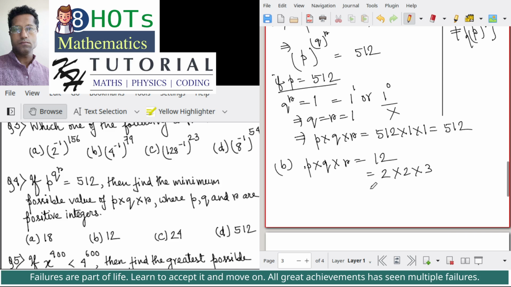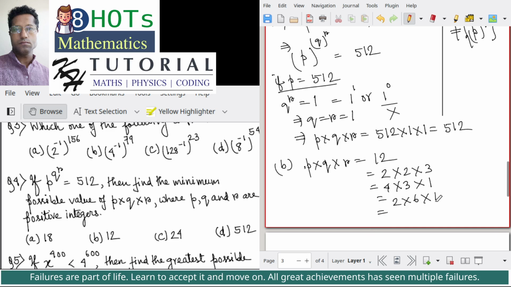Okay, so this can also be 4 multiplied by 3 multiplied by 1. This can be 2 multiplied by 6 multiplied by 1. What else can it be? I think these are the possibilities.